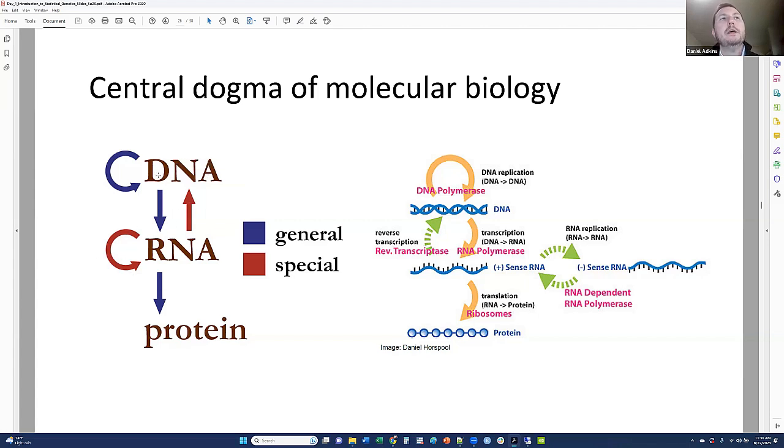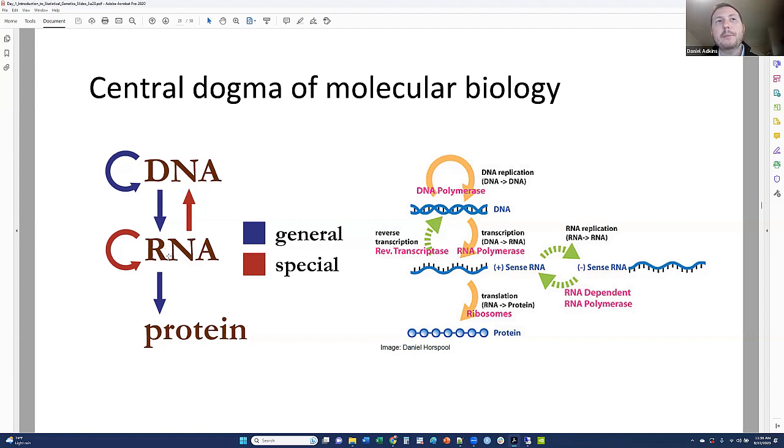But basically, we now know that DNA is the blueprint from which RNA is created, which is deoxyribonucleic acid, ribonucleic acid. So DNA is the origin.